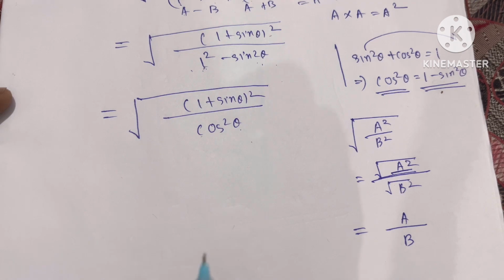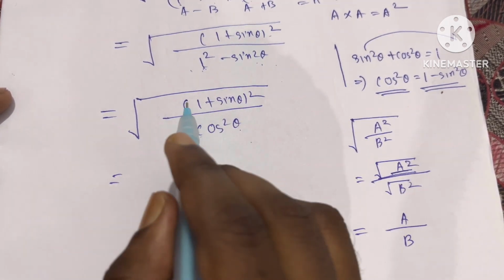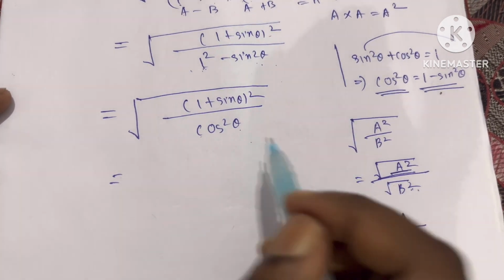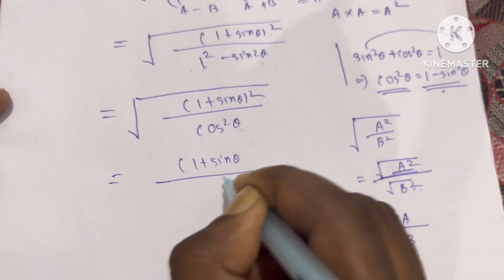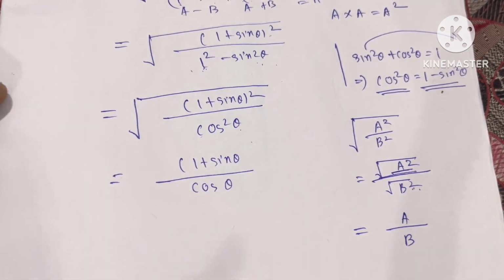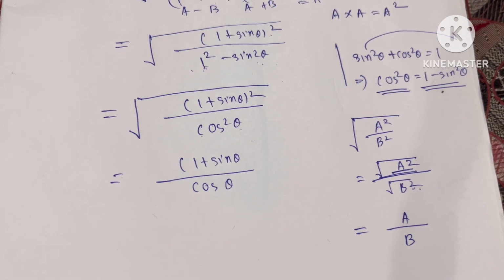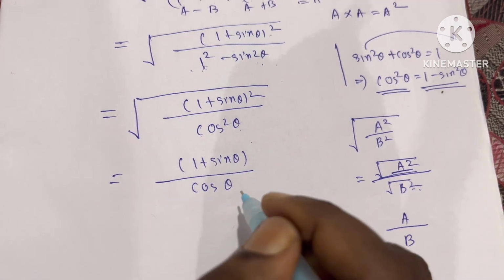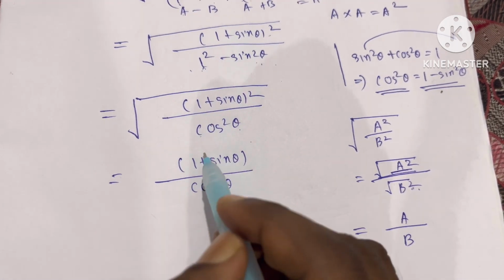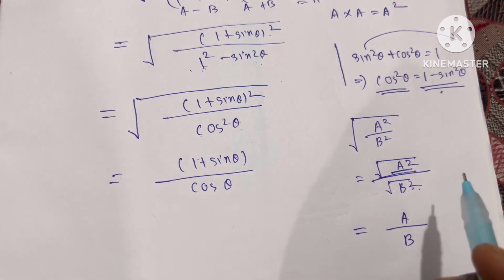Using this formula here, the answer will be (1 plus sin theta) divided by cos theta, because (1 plus sin theta) whole square is under the root, so the square and square root cancel.